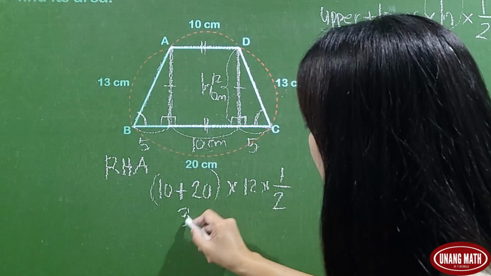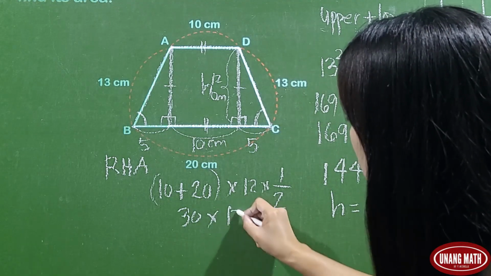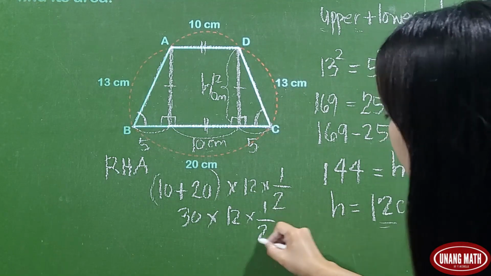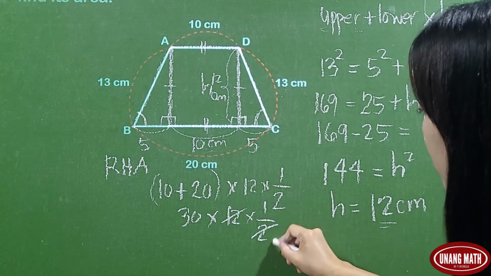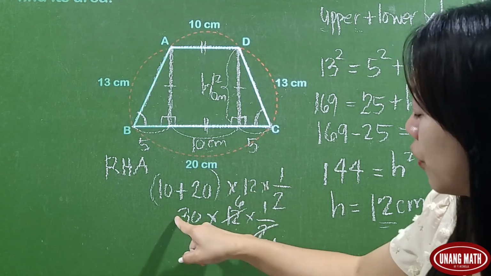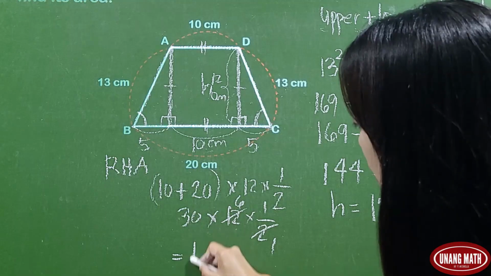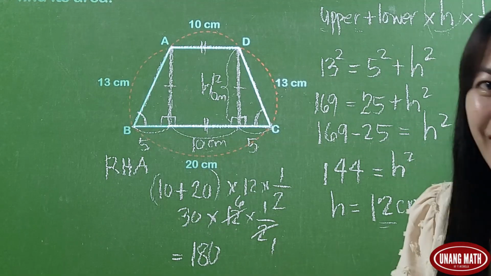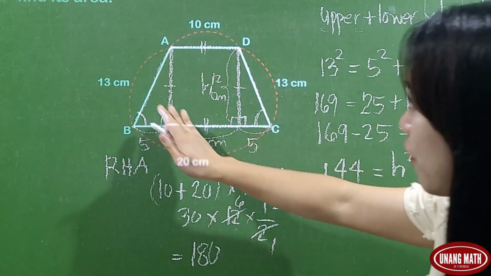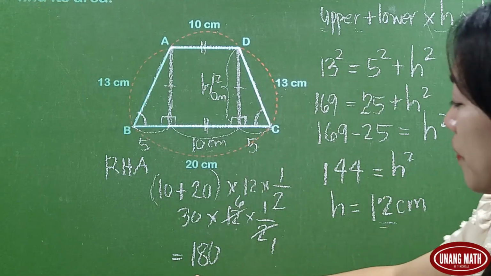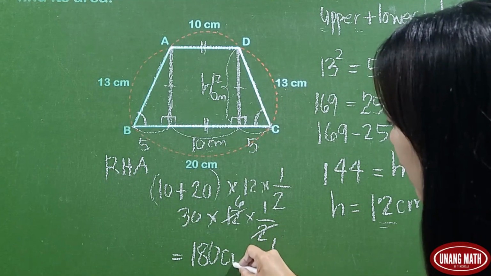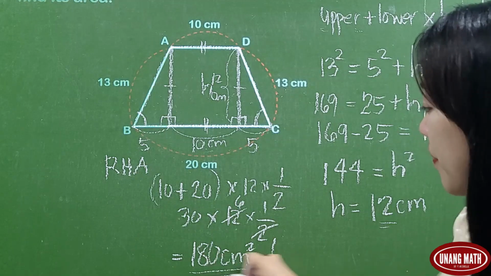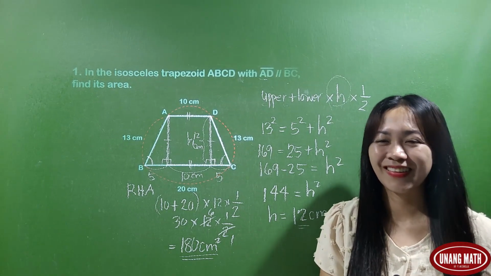So this is 30 times 12 times 1/2. If we simplify, this is 1, this is 6. So 30 times 6 is equal to 180. So the area of this isosceles trapezoid is 180 square centimeters.